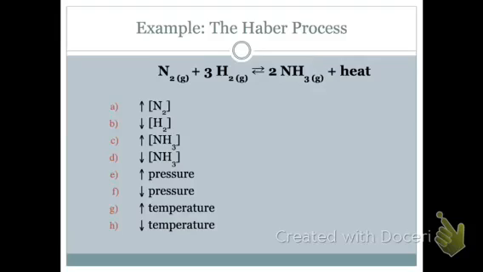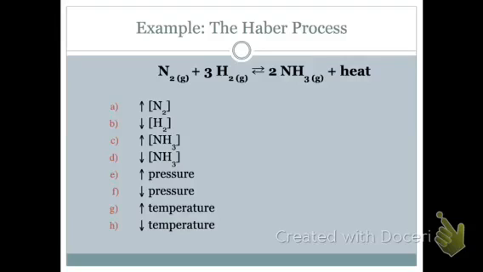By looking at these, you'd have to say which way is it going to shift equilibrium, which way is it going to move the reaction. So you've got increasing the nitrogen concentration, decreasing hydrogen, increasing ammonia, decreasing ammonia, increasing pressure, decreasing pressure, increasing temperature, decreasing temperature. So you have to look at all of those. Those are all things that act as stressors that may change things.